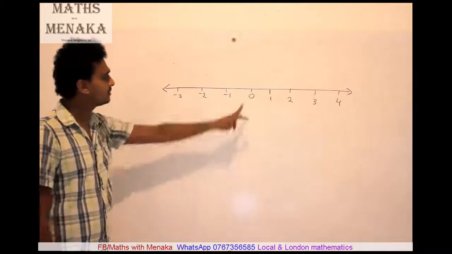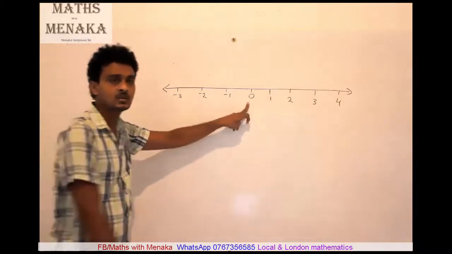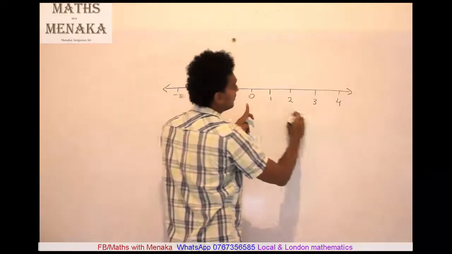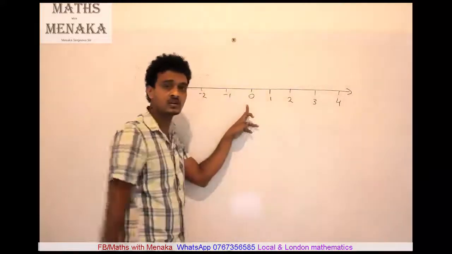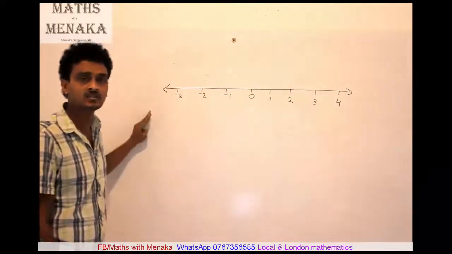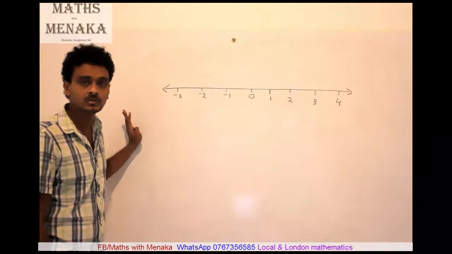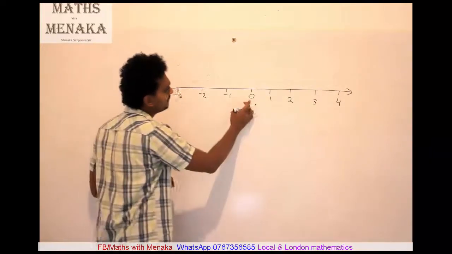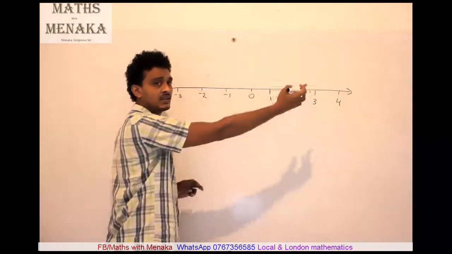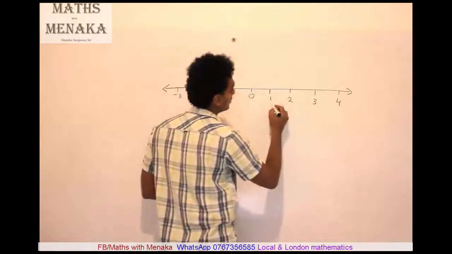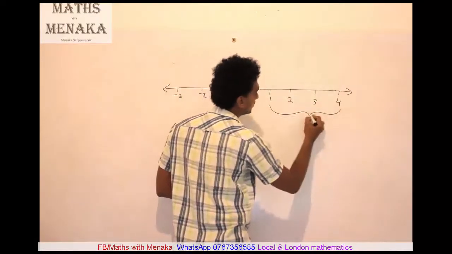Now you can see the middle number is 0. Then there are numbers on the right hand side of the 0 and some numbers on the left hand side of the 0. The numbers on the right hand side of zero are called positive numbers.